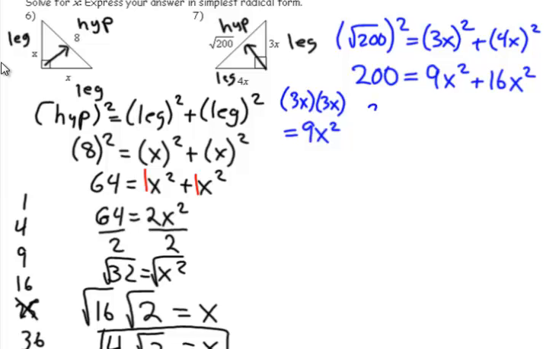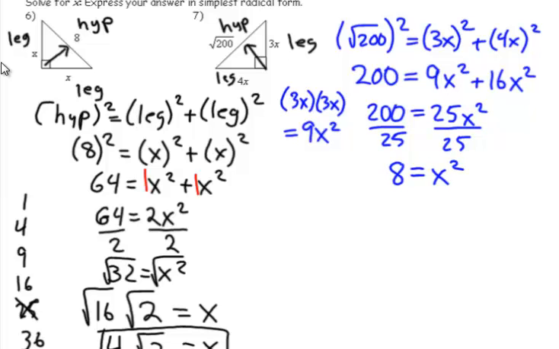So we have 200 equals, can we combine those? Are they like terms? Yes, they are. 25x squared. We divide by 25. Okay, 200 divided by 25 is going to be 8 equals x squared. Let's take the square root. Is 8 a perfect square? No, it's not. 1, 4, 9.